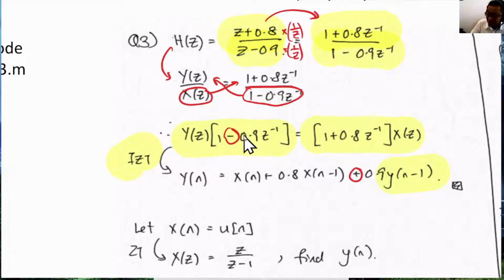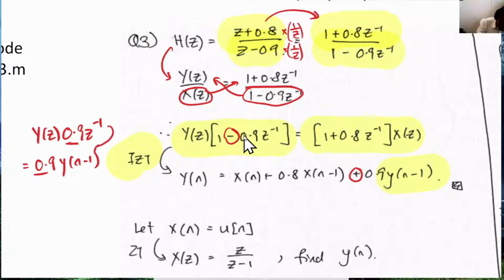So Y(z) times 0.9 z^-1 is simply 0.9, the coefficient, times y[n-1]. This n-1 is, remember, due to this z^-1. Because the whole thing is multiplied by the minus, when we move to the left hand side, it becomes positive.